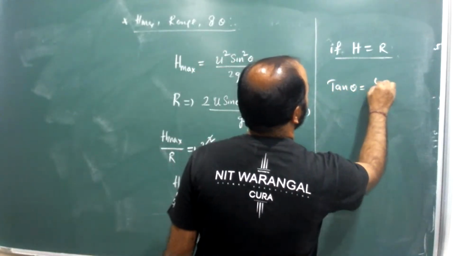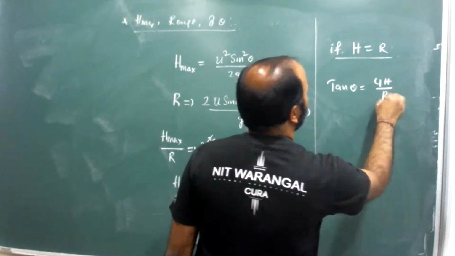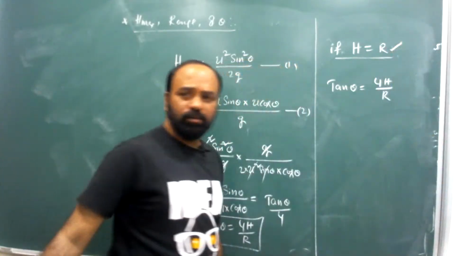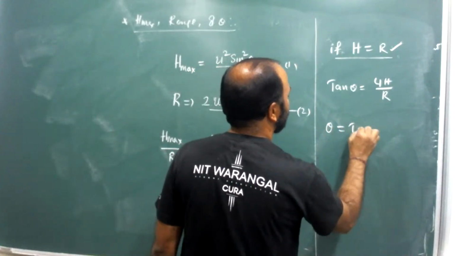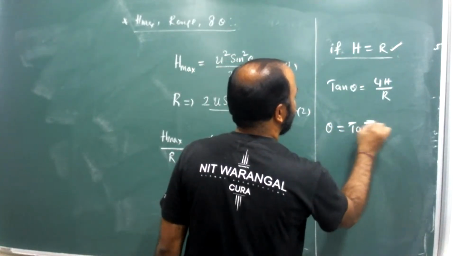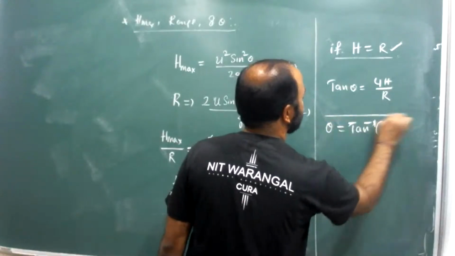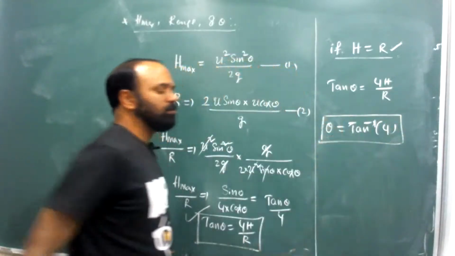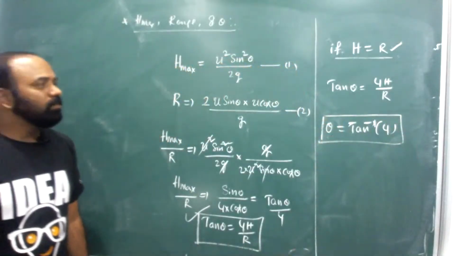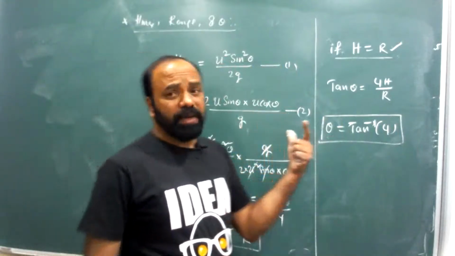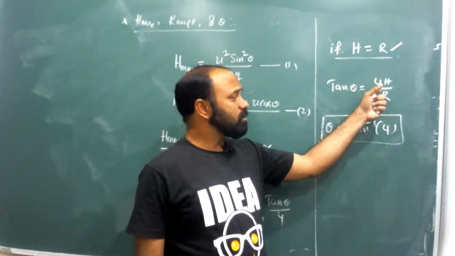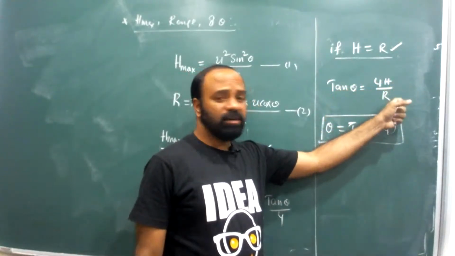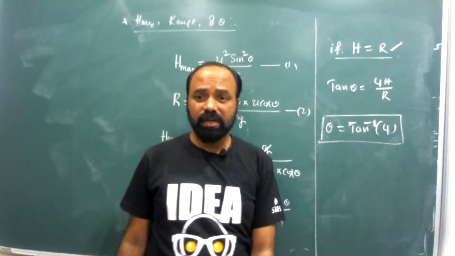Tan theta equals 4H by R. In this case, H and R are both equal, so they cancel each other. Then theta equals tan inverse 4.